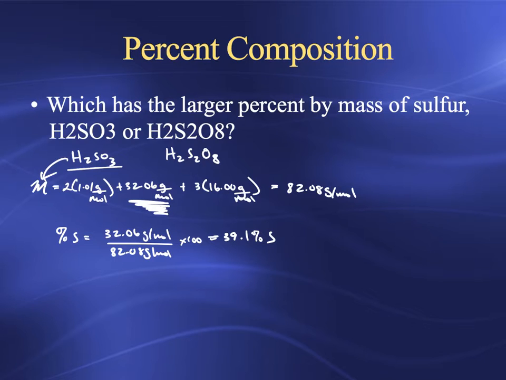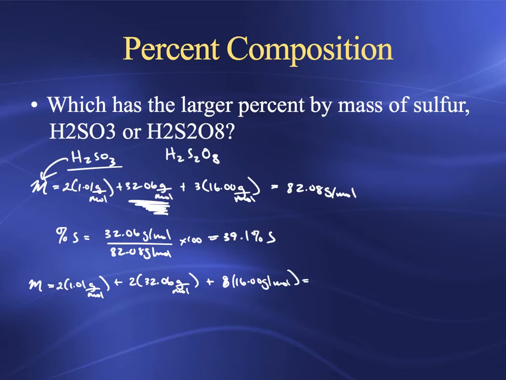Okay, let's do it for compound number 2. Molar mass of that one. Once again, we got 2 hydrogens, so 2 times 1.01 grams per mole. Plus, this time we have 2 sulfurs, 2 times 32.06 grams per mole. Plus then we've got 8 times 16.00 grams per mole.